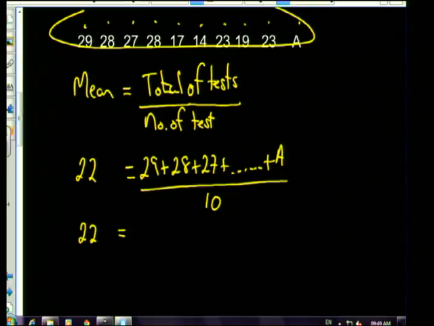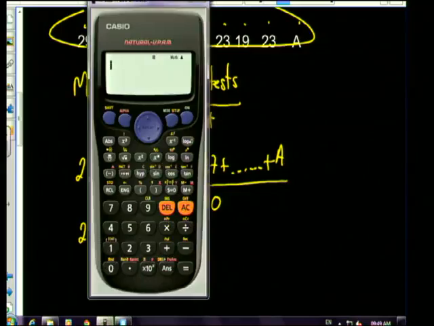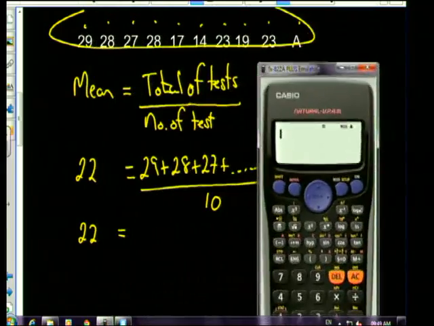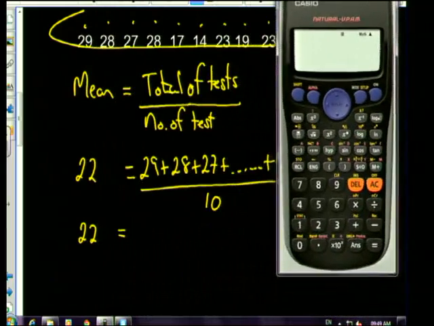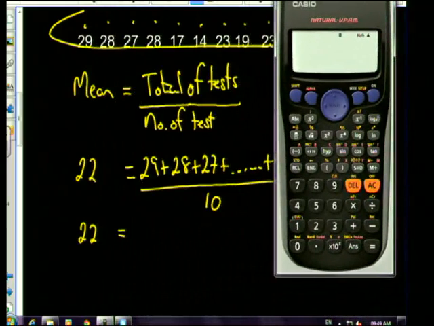Now we're going to add up all those marks. And I say we, but I smile to myself because we is not going to do it. The calculator's going to do it. All right, so let's go for it. I have 29. To that, I'm going to add 28. To that, I'm going to add 27. To that, I'm going to add another 28. Sorry, let's just get rid of that, the 28.